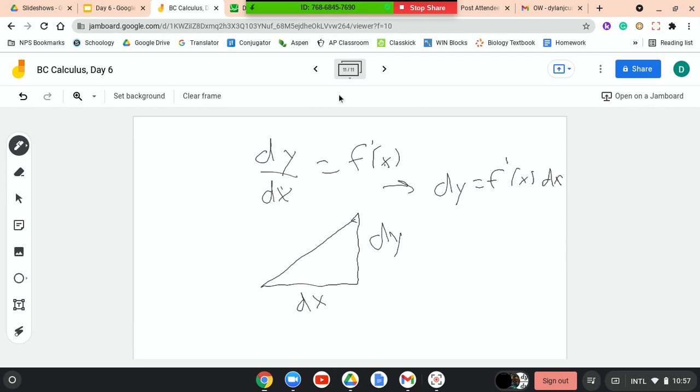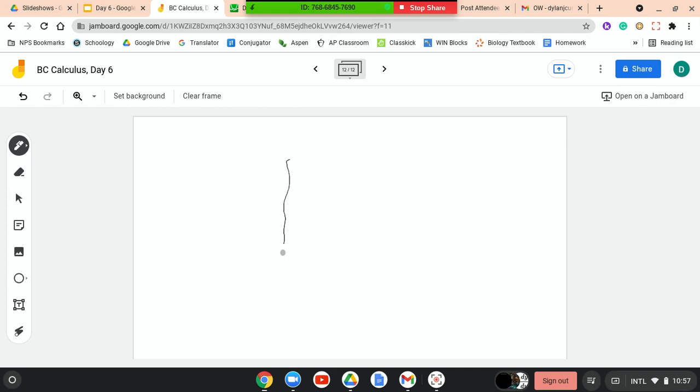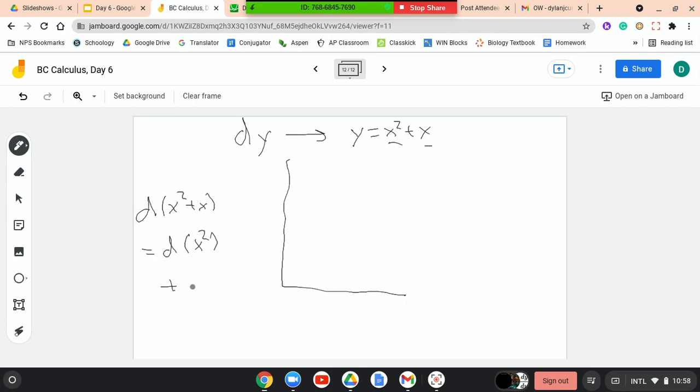Cool. So let's go back to our original function. You'll notice that if I want to find the tiny change dy when y equals x squared plus x, because this function is just adding this to this, would you agree that the tiny change, d of x squared plus x, is just equal to whatever our tiny change in x squared is plus whatever our tiny change in x is?